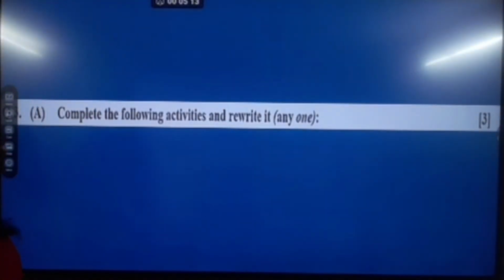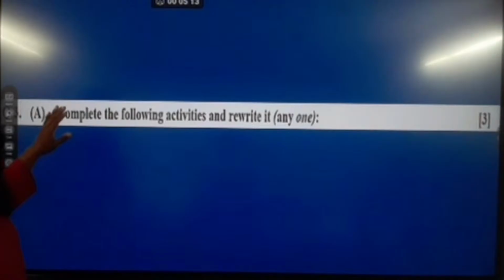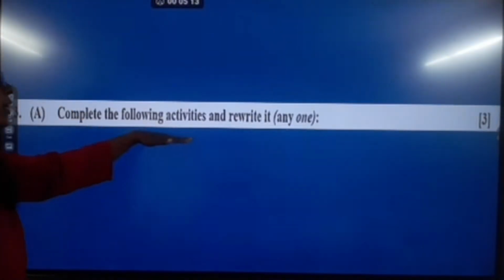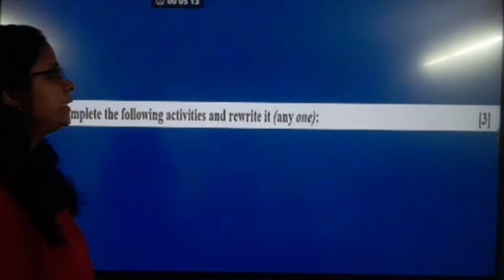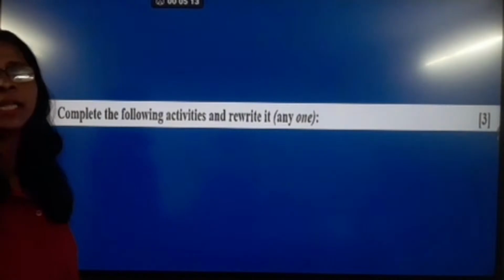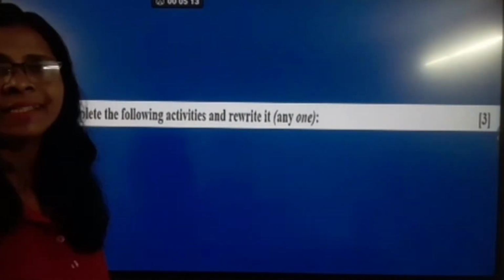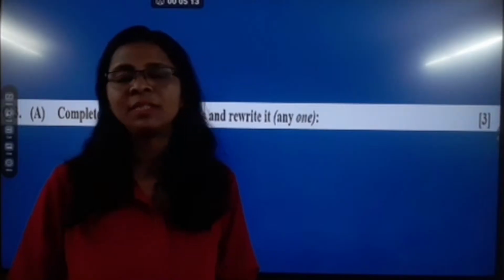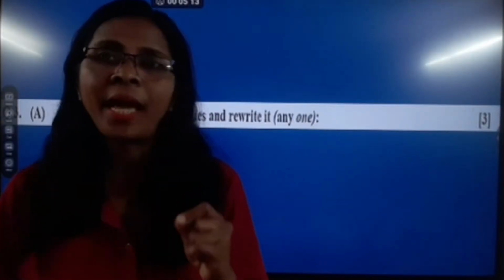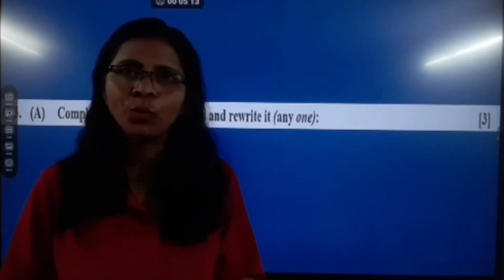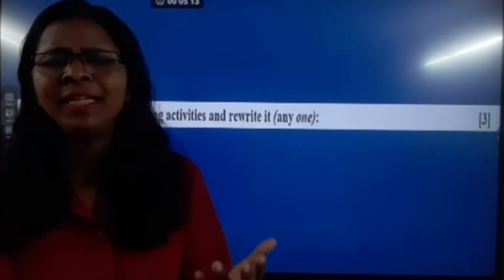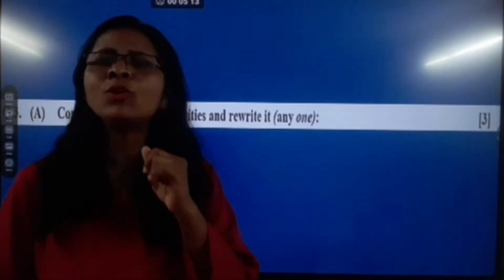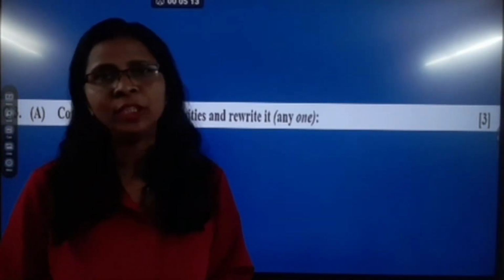Next one example is for question 3a, this is the question 3a. Complete the following activities and rewrite it. Any one. We have to write given the two examples, and we solve only the one example, students, and the one example has 3 marks, students. Okay. But it is a very easy example, students, because it is based on an activity.